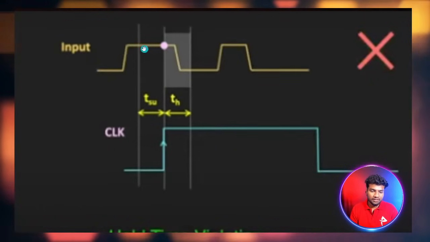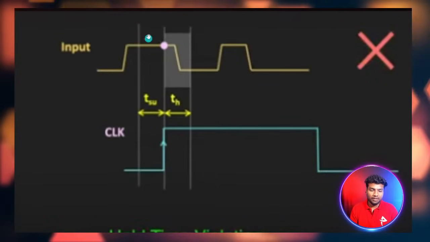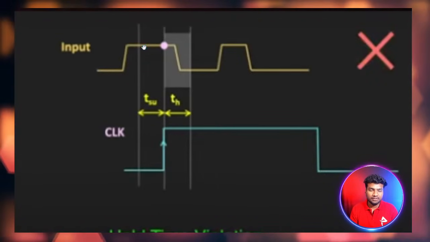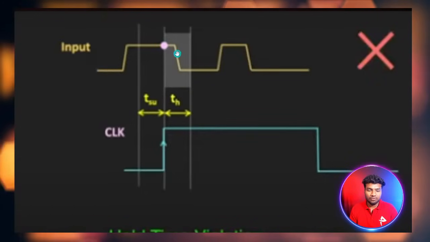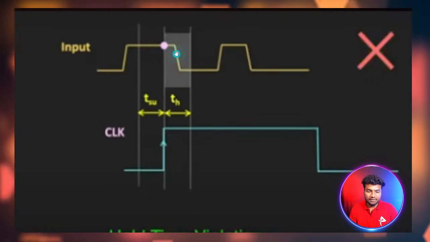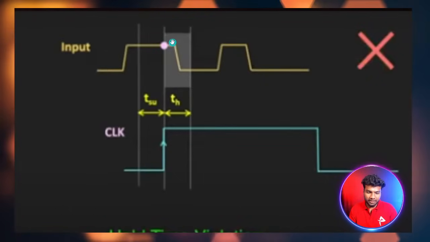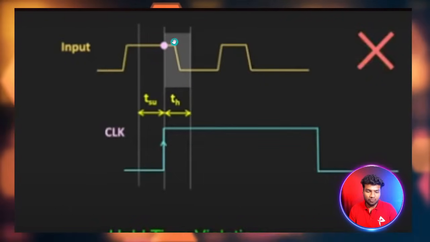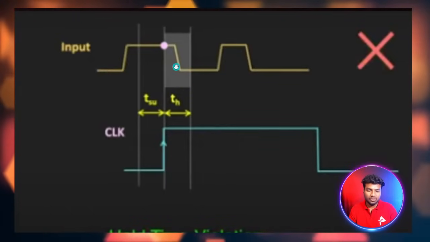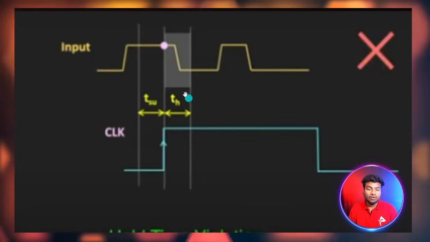You can see stable high, 1 here, so it is stable. But during the hold time there is a change, the input signal is changing from 1 to 0, so a change happened in the hold time.